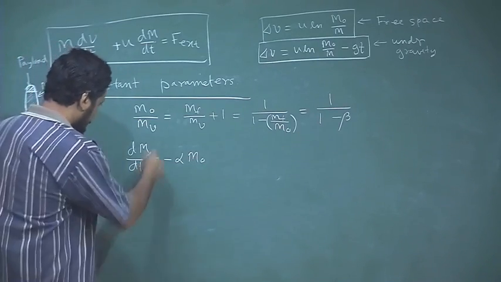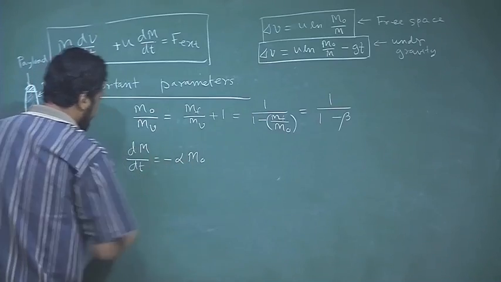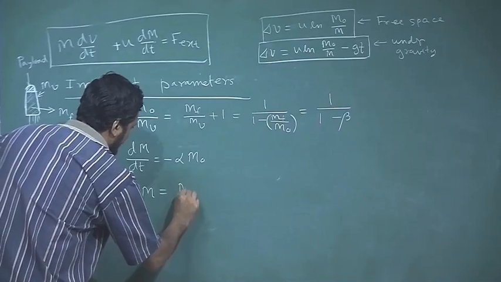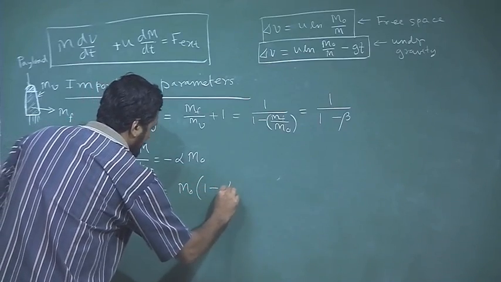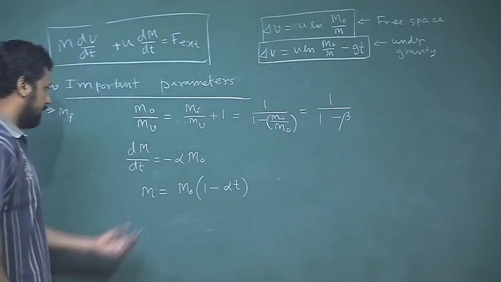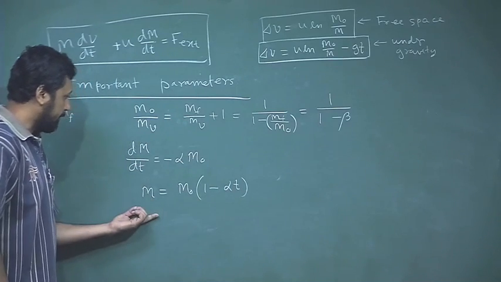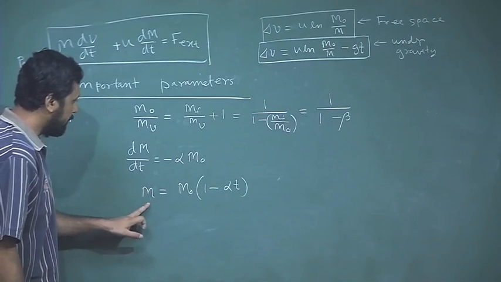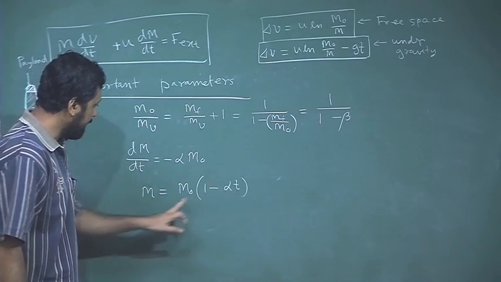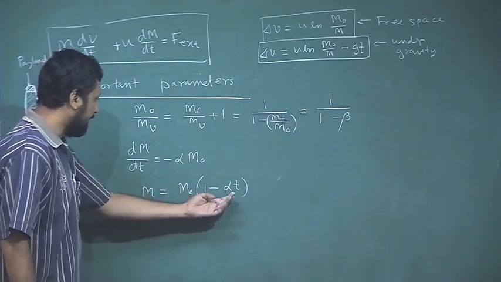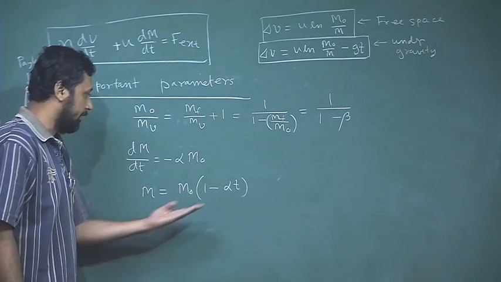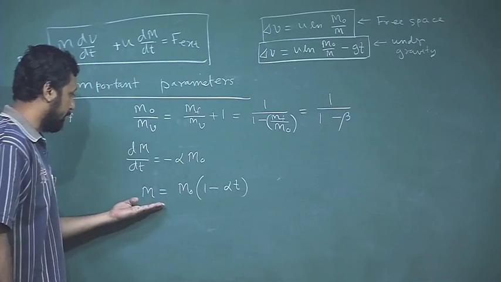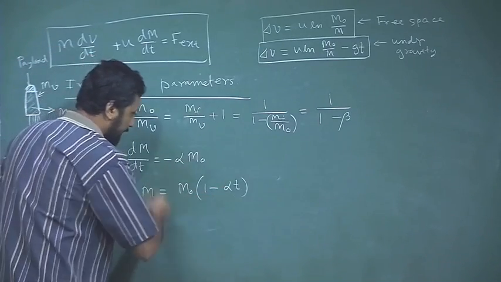If we consider this form for mass loss, then m will be m0 times 1 minus alpha t. If you put t equal to 0, m equals m0, and for any time greater than t equal to 0, you get the mass of the total rocket as a function of initial mass.